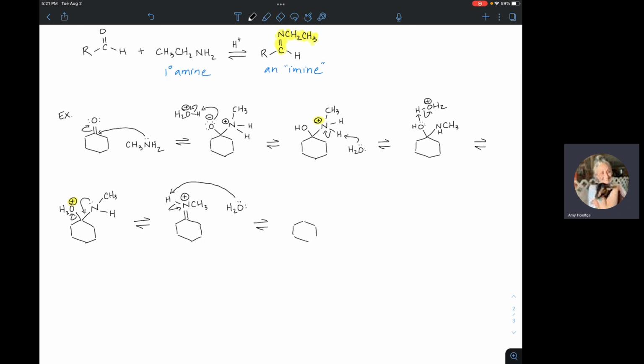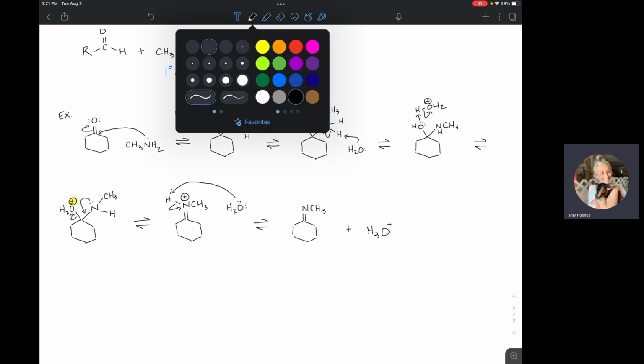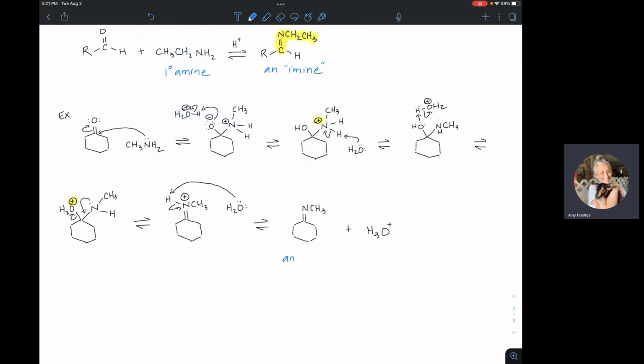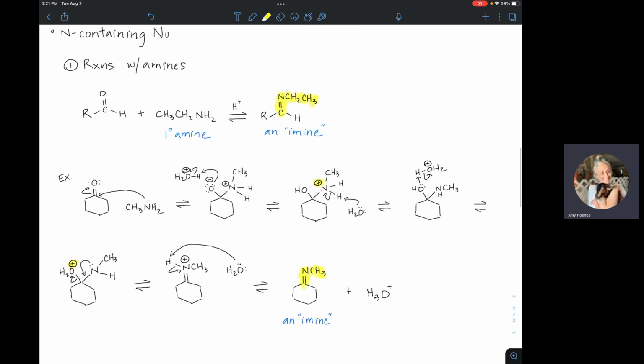And I have my imine. And I got the acid back. This is an imine. Notice how it has a carbon-nitrogen double bond. Nitrogen has its alkyl group, or its R group, whatever. So with primary amines, with aldehydes and ketones, we can form something called an imine.